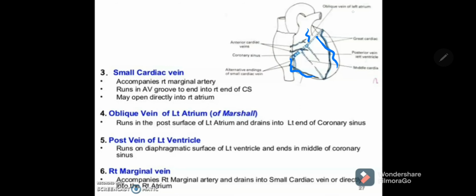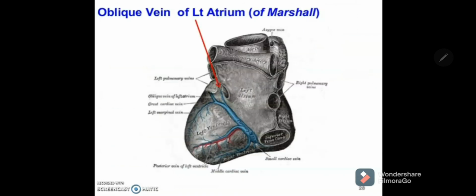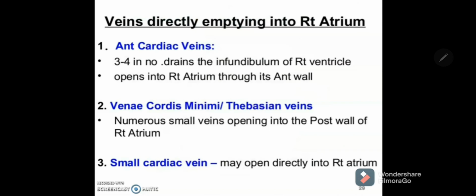All these veins open into coronary sinus, which opens finally into right atrium. Okay, so here you can notice the oblique vein of the left atrium, posterior vein of left ventricle, middle cardiac vein in the posterior AV groove, and there are some veins which directly open into the right atrium.